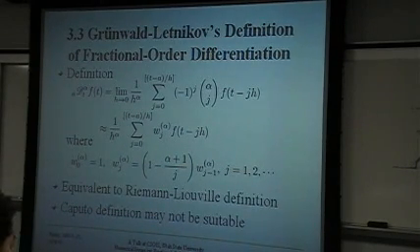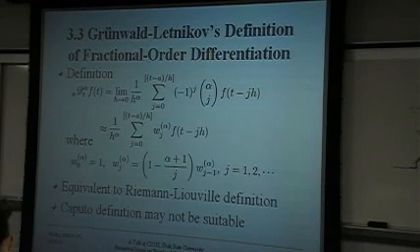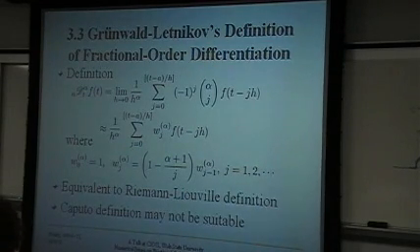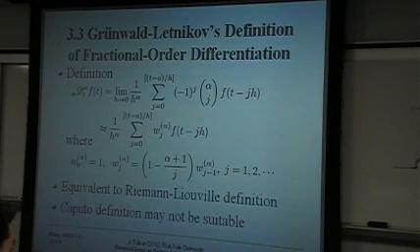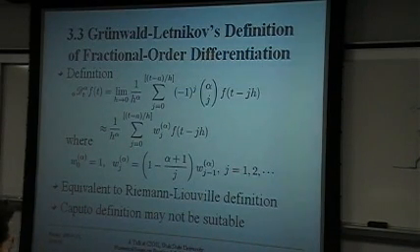I'm not sure whether this is strict, but that's my impression. And for control systems, normally the system to be controlled is at rest at the initial time, so the initial values should be 0. I'm not quite sure whether this is strict in mathematical terms. So in this case, I think we might be using the Grünwald-Letnikov definition. And this definition is also quite easy to use.